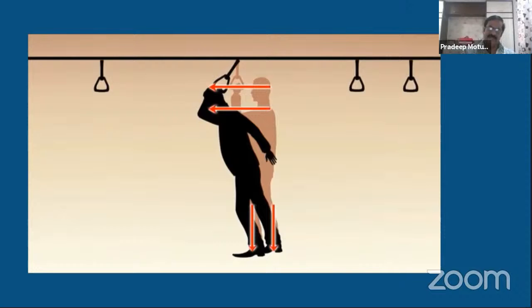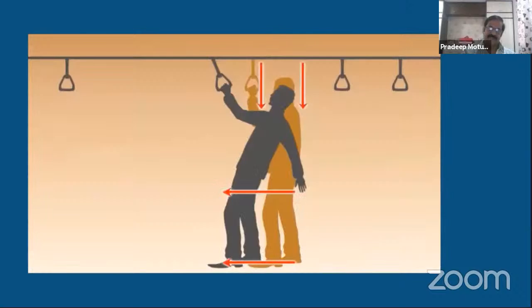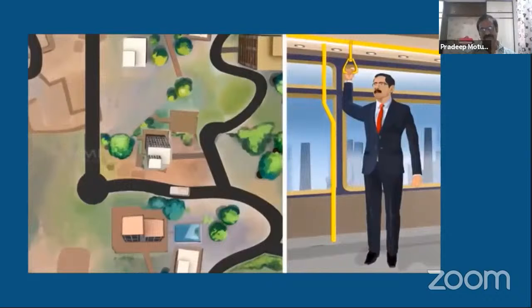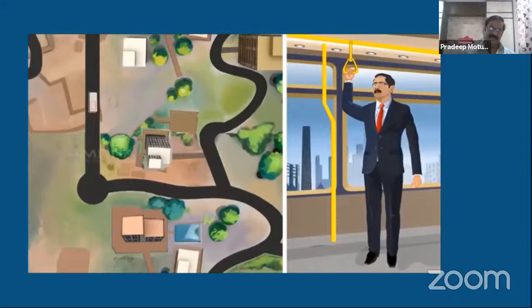Next, we'll consider the inertia of direction. Just have a look. A person is standing in the bus. The bus is taking a turn to the right side, and you observe that the person who is standing in the bus moves in the opposite direction.